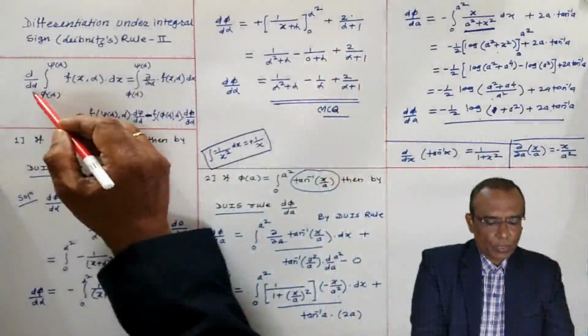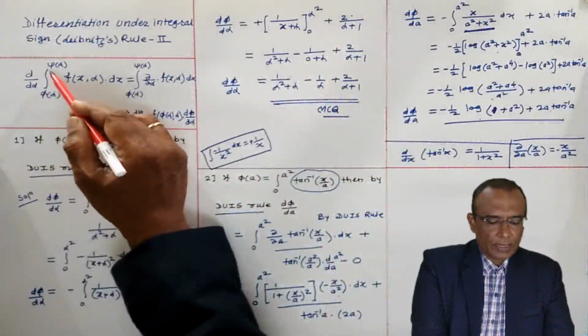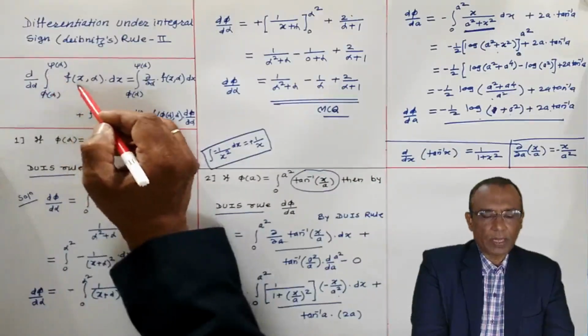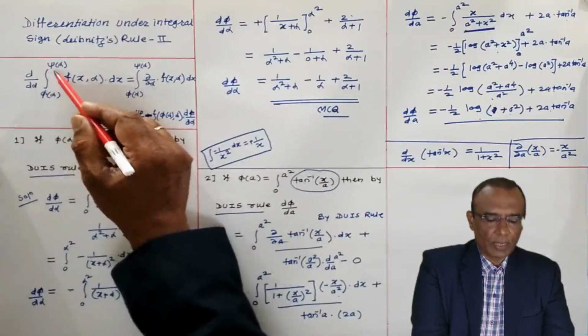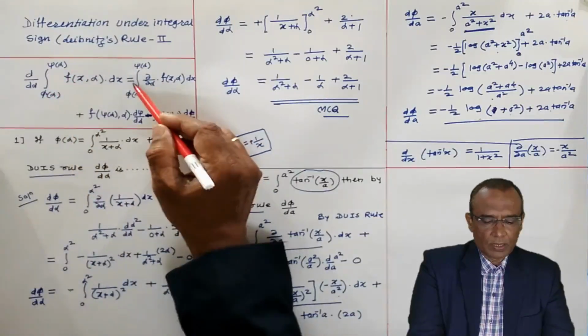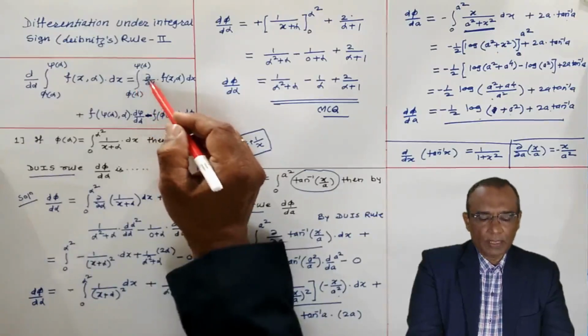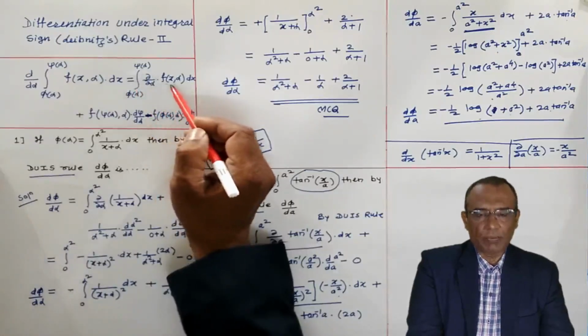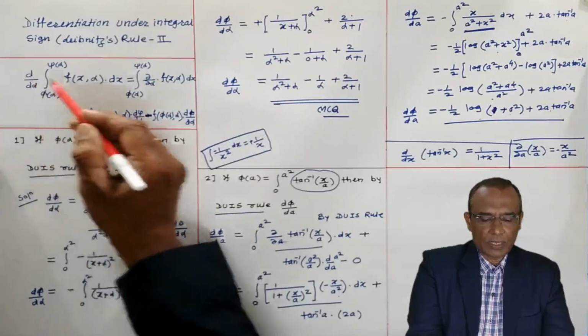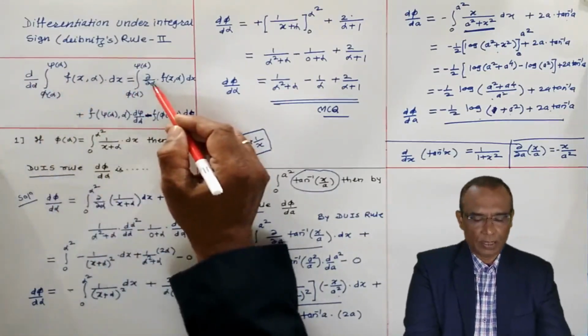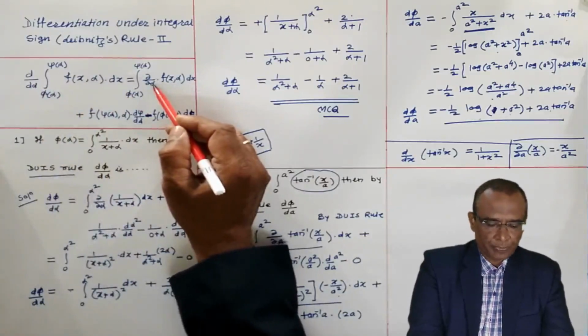Derivative with respect to alpha, where alpha is the parameter, of the integral of f of x, alpha for the limits phi alpha to psi alpha equals the integral of del by del alpha of f of x, alpha. Means this derivative comes inside the integral, and it becomes a partial derivative.